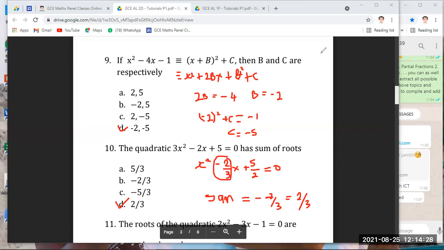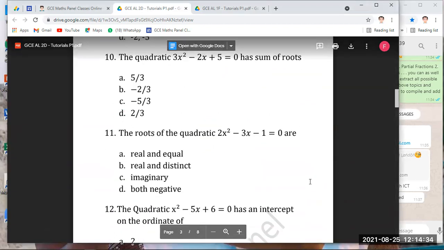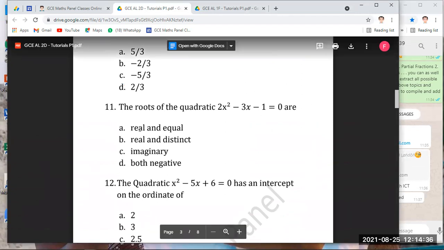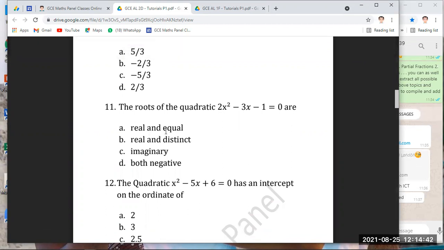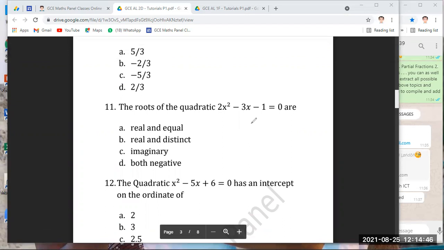All right, let's look at question 11. We have the roots of the quadratic equation. Are they real and equal, real and distinct, imaginary, or both negative? All right, let's look for the discriminant.